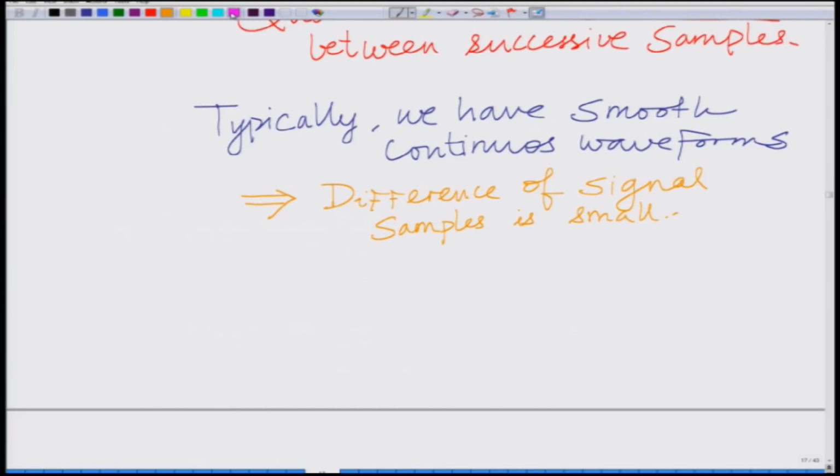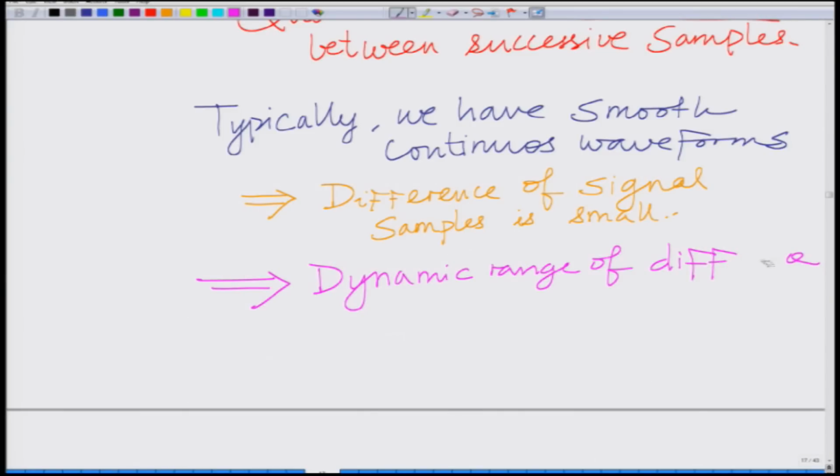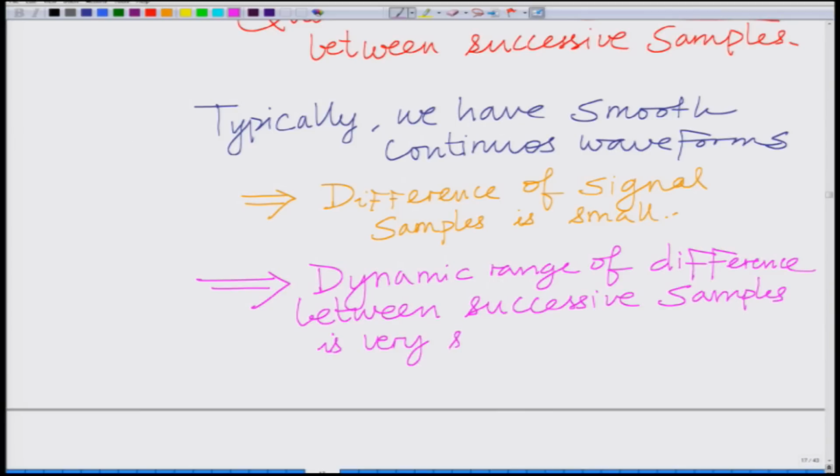Now, that implies that the dynamic range of the difference between successive samples is very small.